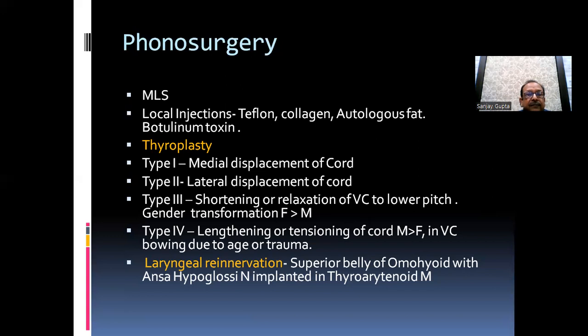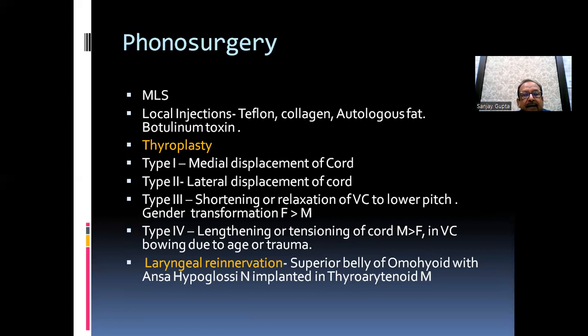Type 4 is the opposite of type 3. In this, you are lengthening the vocal cord or tensioning the vocal cord. This is required again in gender transformation operations when the male voice is converted to a female voice, or it can be done in vocal cord bowing due to age or trauma.